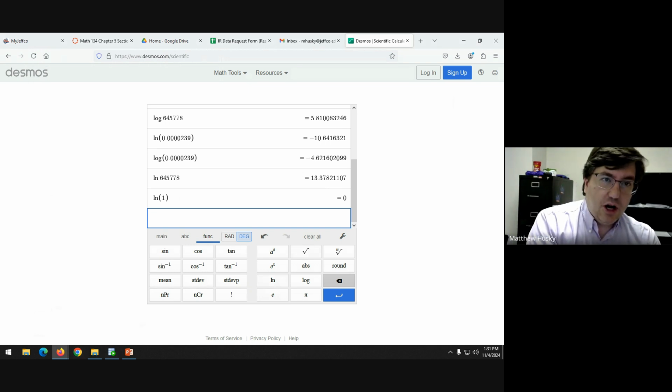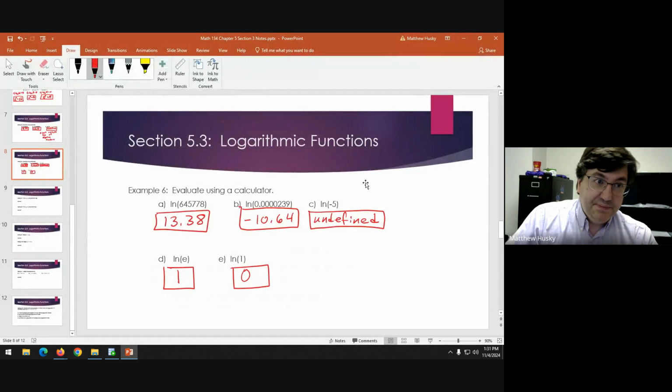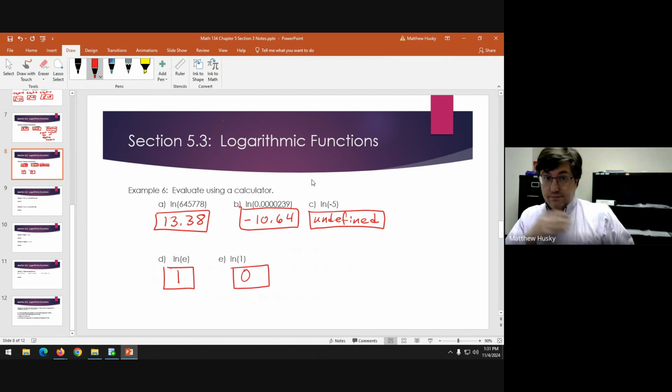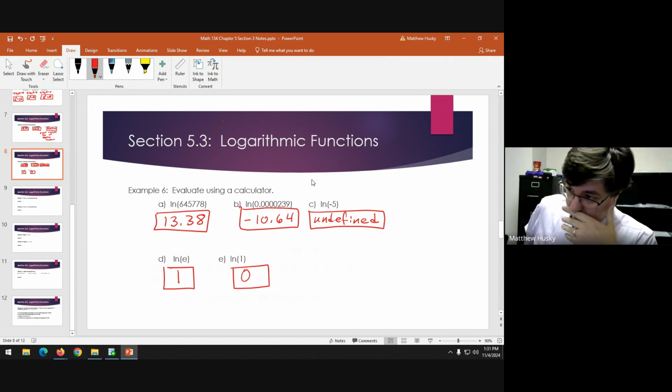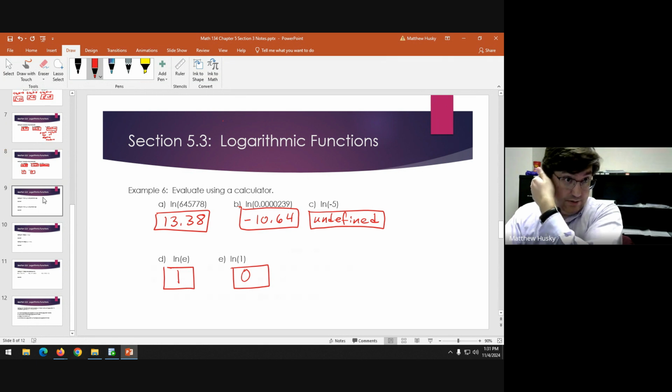So any log of 1 is going to equal 0 every single time. All right, so that is that one. So again, just make sure you know how to use the calculator that you have at your disposal.